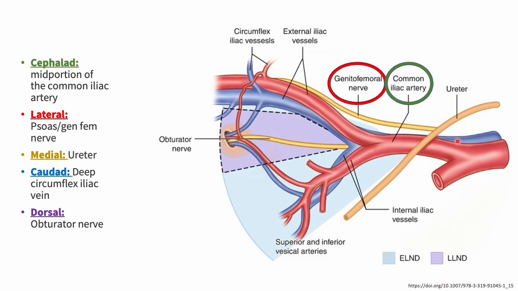The medial boundary is the ureter, which we can see here coming down medially. The caudad boundary is the deep circumflex iliac vein. And then the dorsal boundary is the obturator nerve. And so you're typically going to try to remove all the lymphatic tissue within these boundaries for your pelvic lymph node dissection.